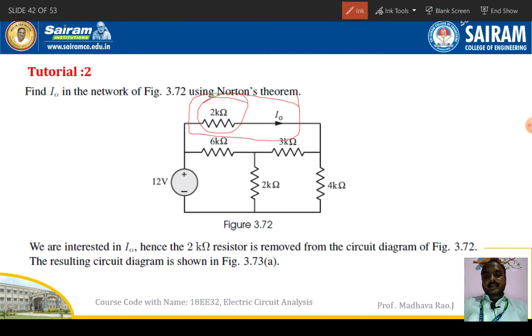We are interested in I naught, hence the 2 kilo ohm resistor is removed from the circuit. That resistance we have to remove, and we have to make it a short circuit. Then you have to find the short circuit current.